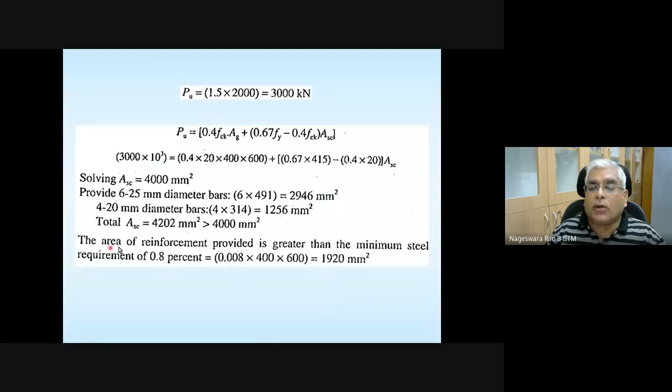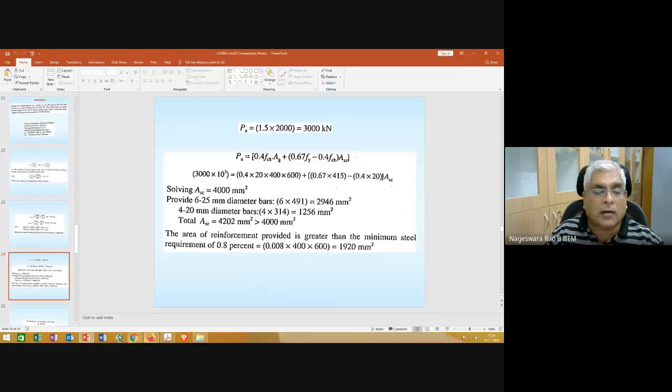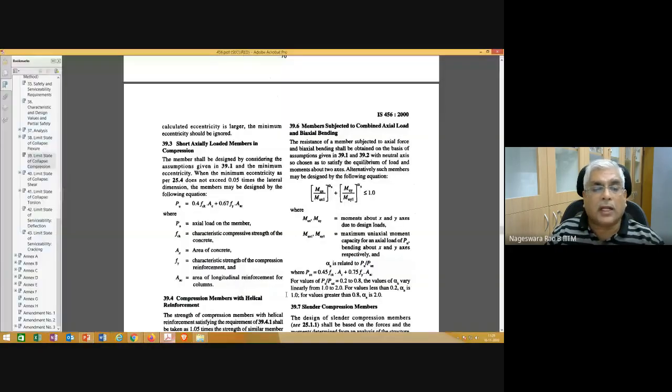And then we need to also check whatever area of steel we are providing. The area of reinforcement provided is greater than the minimum steel requirement of 0.8%. Where is this given?